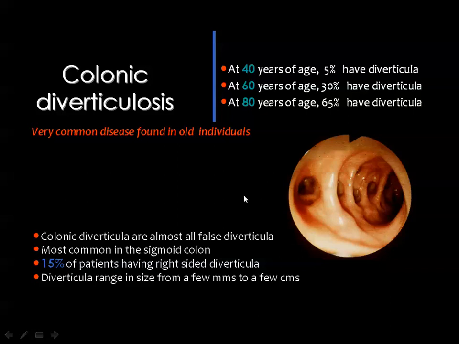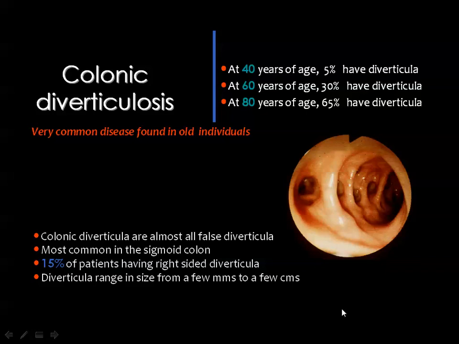You know that colonic diverticulosis is a very common disease, and it usually affects the old population. It is estimated that at the age of 40 years, about 5% of the population will have diverticuli, and this incidence increases tremendously at the age of 80 years, and it may reach about 65% of individuals.